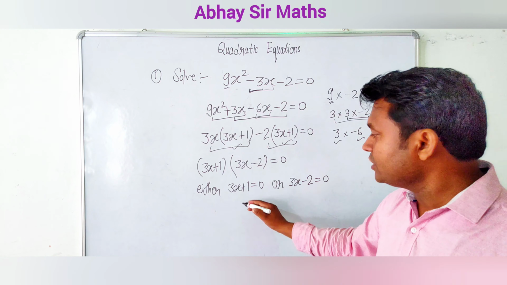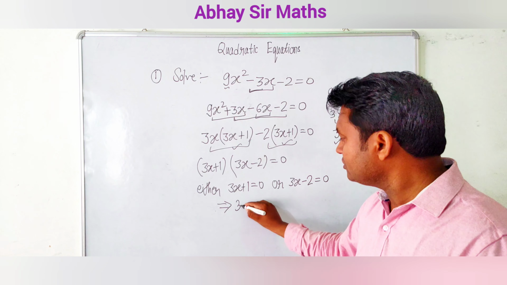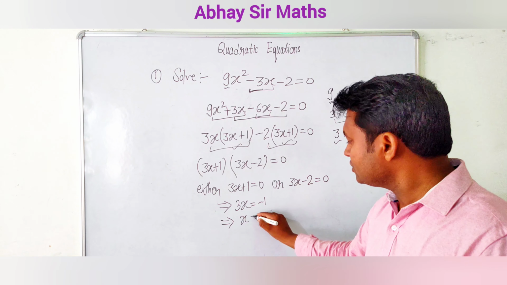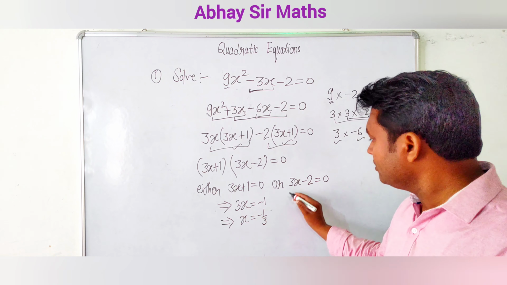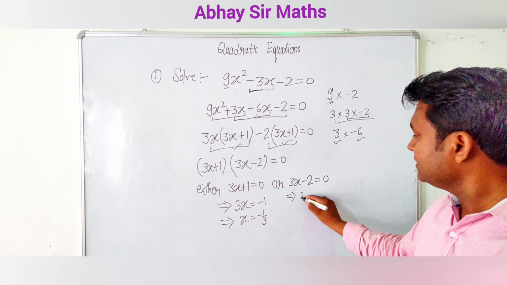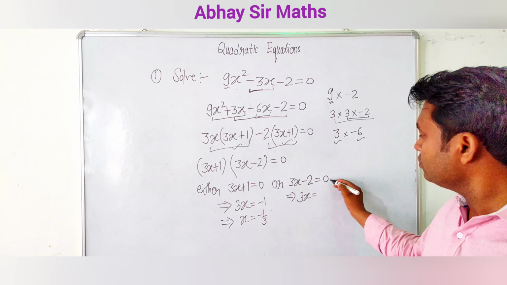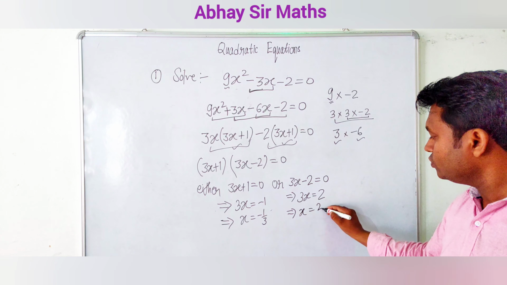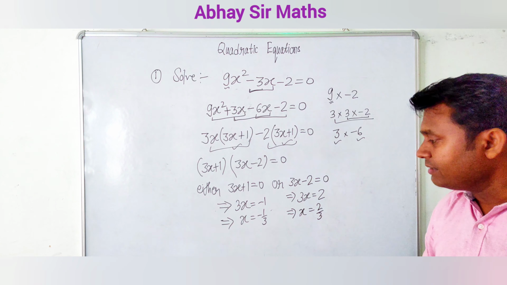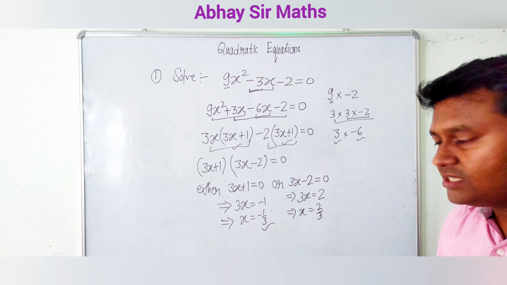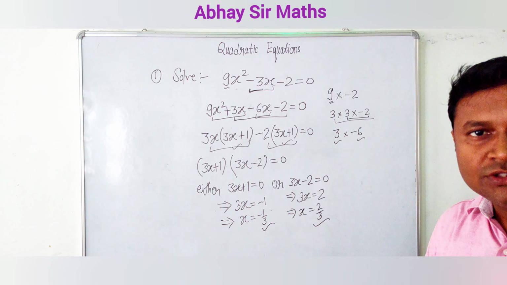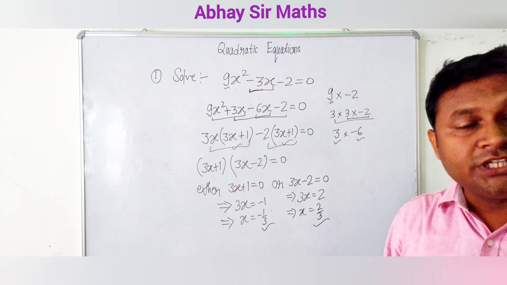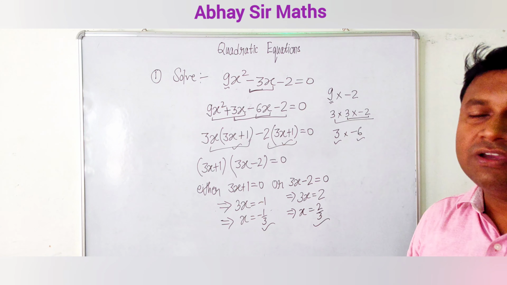If 3x plus 1 is 0, then 3x is equal to minus 1, so x is equal to minus 1 by 3. From the other, 3x is equal to 2, so x is equal to 2 by 3. We have two values of x, minus 1 by 3 and 2 by 3. This is the way we solve a quadratic equation.